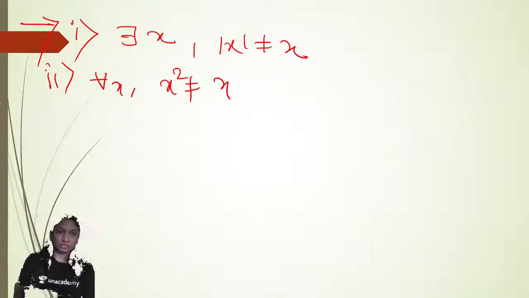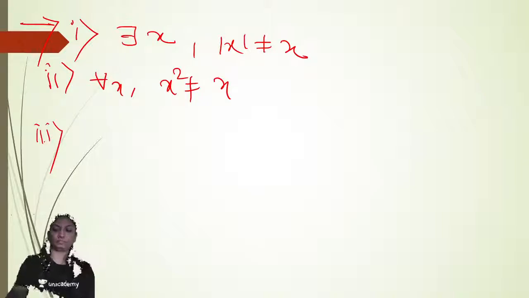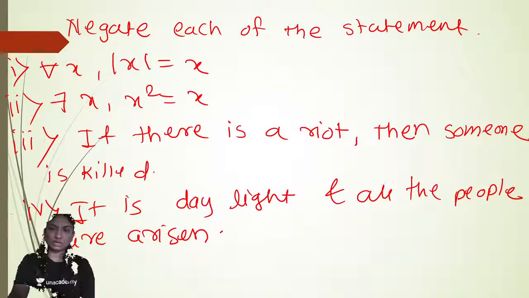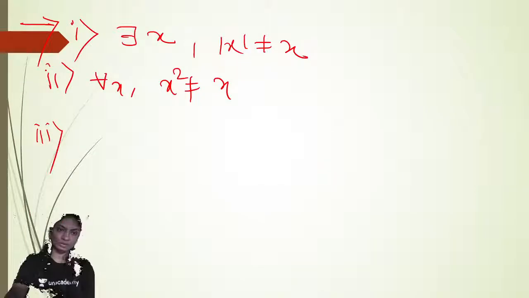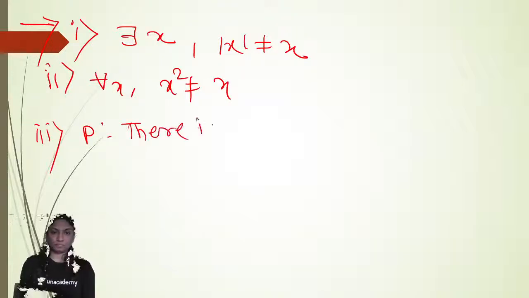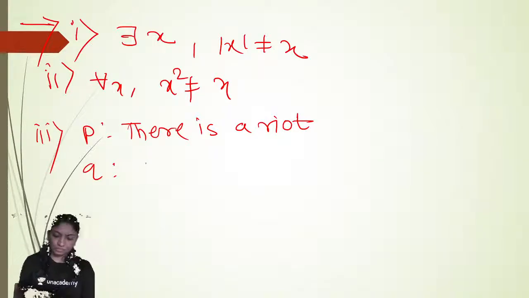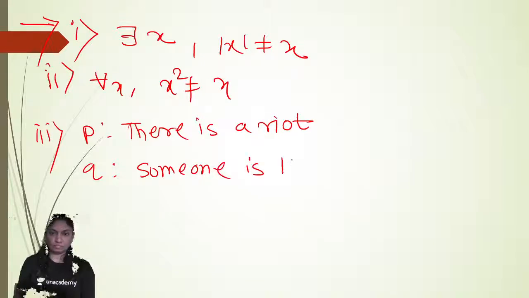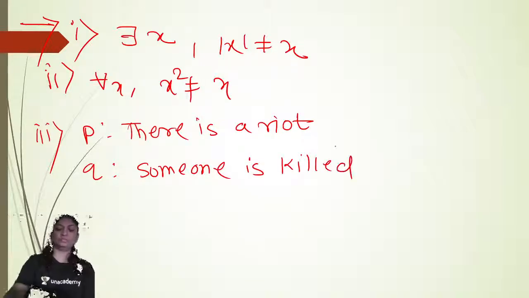Okay, third one. If there is a riot, then someone is killed. So we have to write down the statement first. P: there is a riot. Q: someone is killed. The given statement is, if there is a riot, then someone is killed.